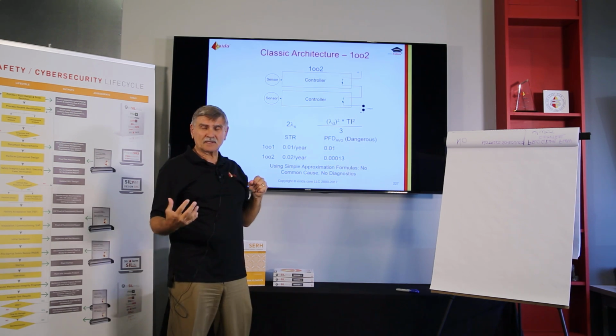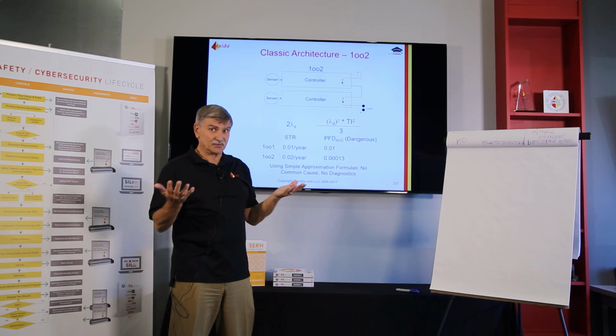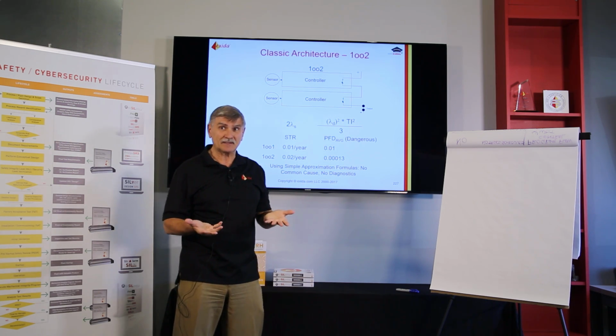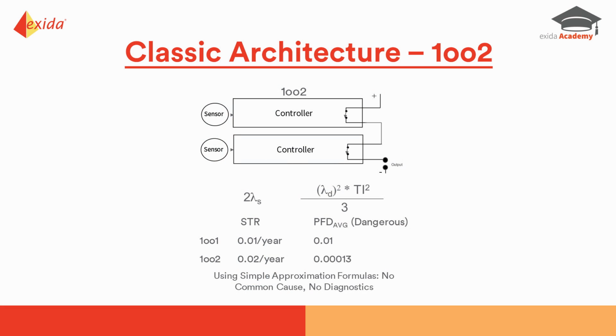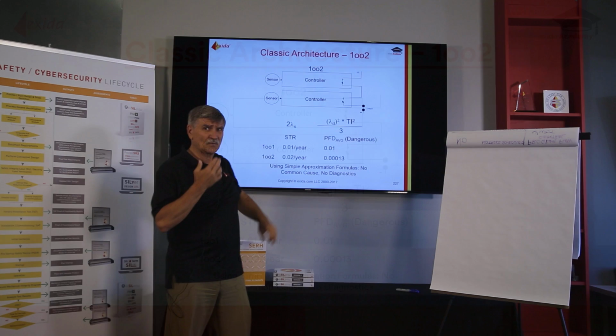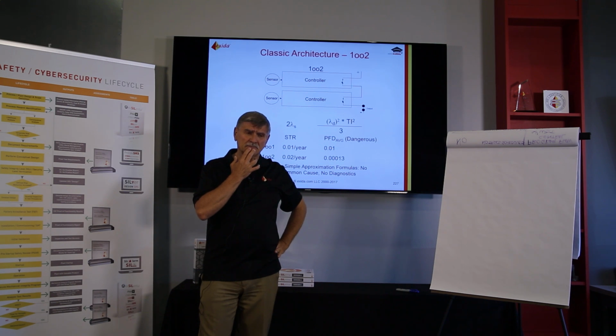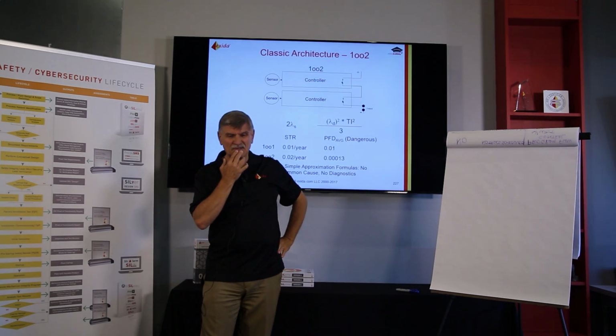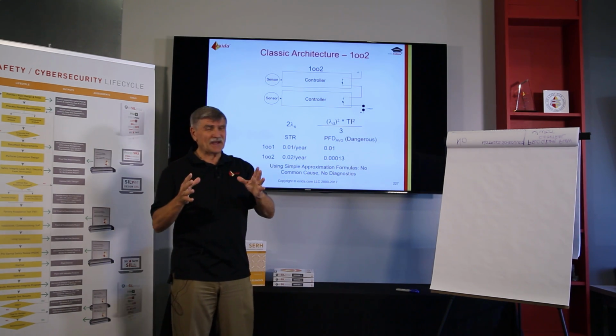What's the equation? I mean, is this really any better or not? Using the same simple numbers, the spurious trip formula is 2 lambda S, and we get 0.02 per year. False trips are not good. I don't like that.